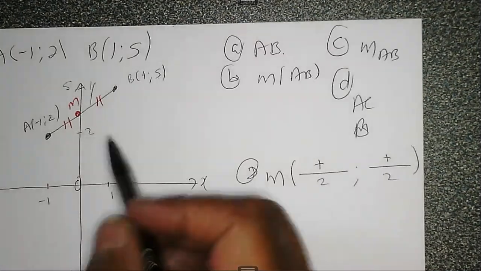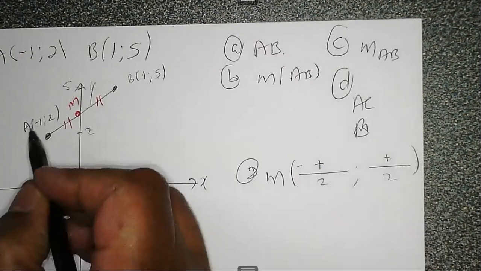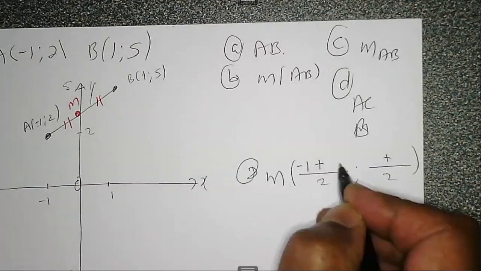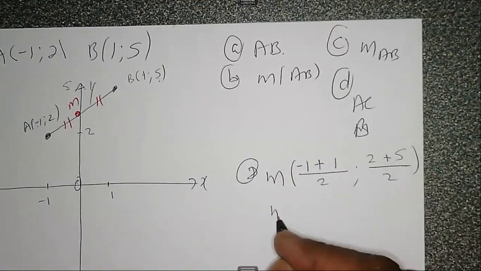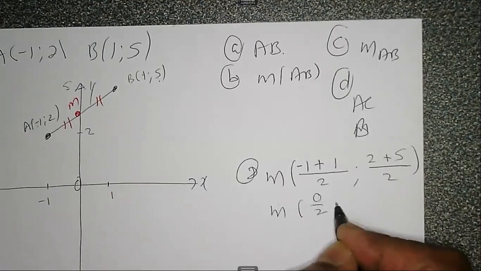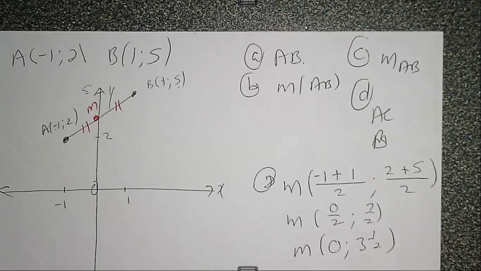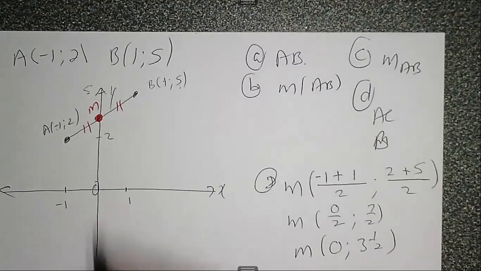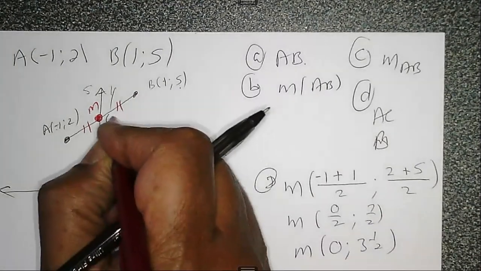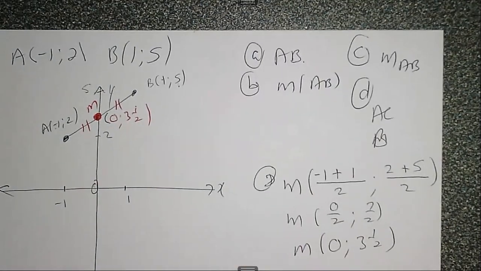So it's -1 plus 1, and 2 plus 5. So the midpoint is therefore 0/2 and 7/2, so the midpoint is 0 and 3.5. So that means M is actually on the y-axis. Can you see, guys? Because M is (0; 3.5). So that is your midpoint.